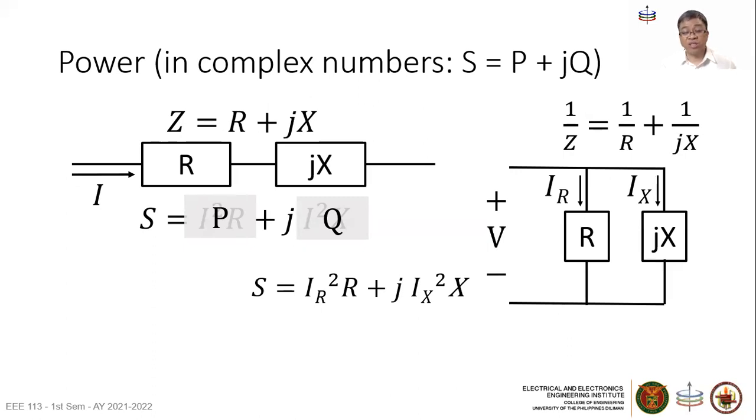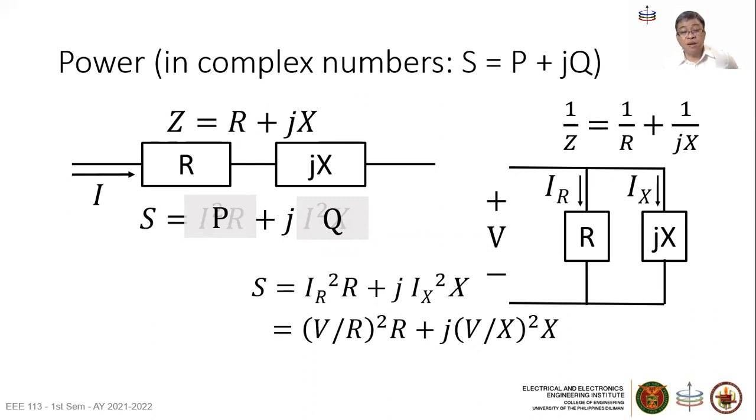Again, those two currents are not identical anymore. But we can write this current in terms of voltage over the resistance there. That current is voltage divided by the reactance, that's V over R. And so we have this expression here, V squared over R for the real component or the real power, V squared over X for the reactive power.